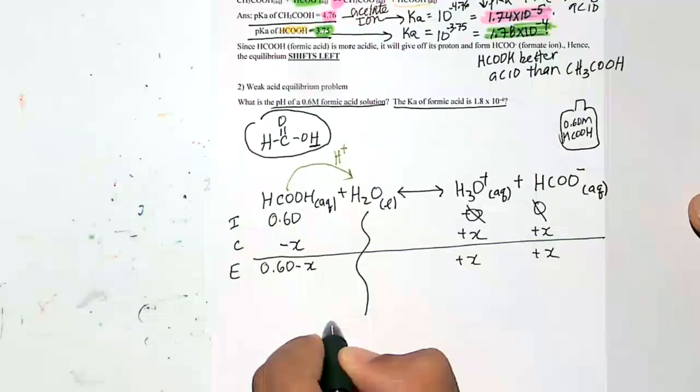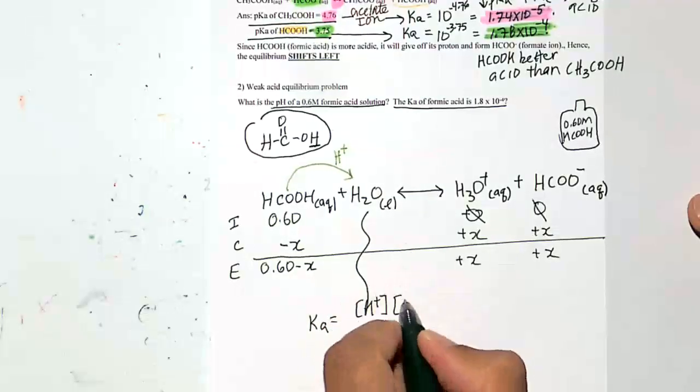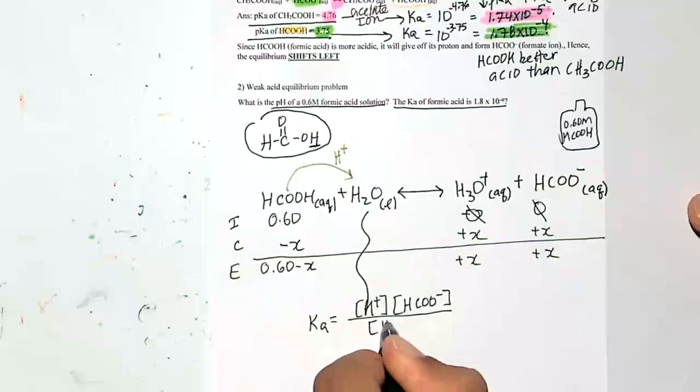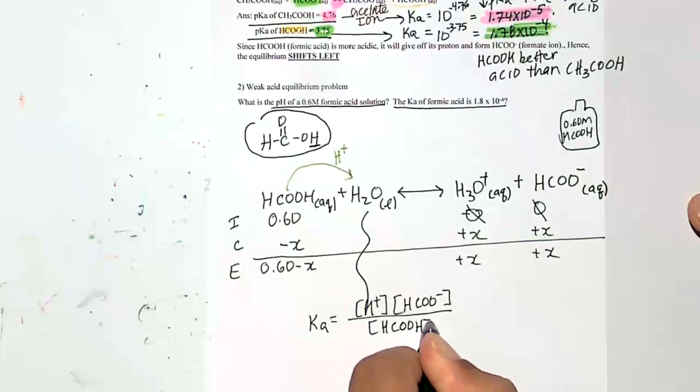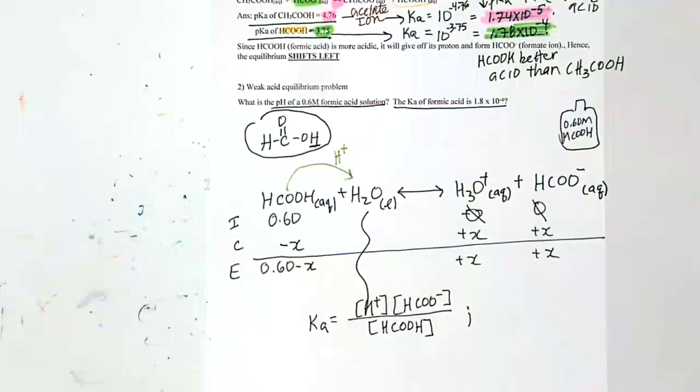Just like we did with the weak base, we'll plug it into our equilibrium expression. Ka is H plus times HCOO minus divided by HCOOH. The Ka for this problem is 1.8 times 10 to the minus 4.